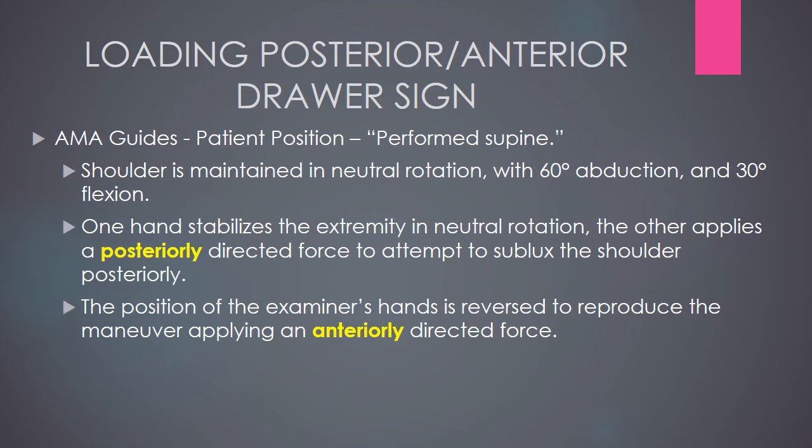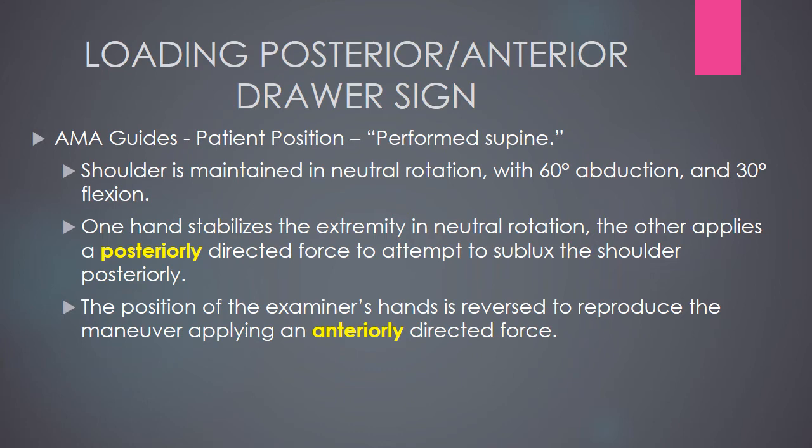Now, most orthopedic texts, including the AMA Guides, will describe several physical examination maneuvers for the assessment of shoulder instability. And I want to talk about a couple of those tests now here in this section. So let's begin with the loading posterior anterior drawer sign.